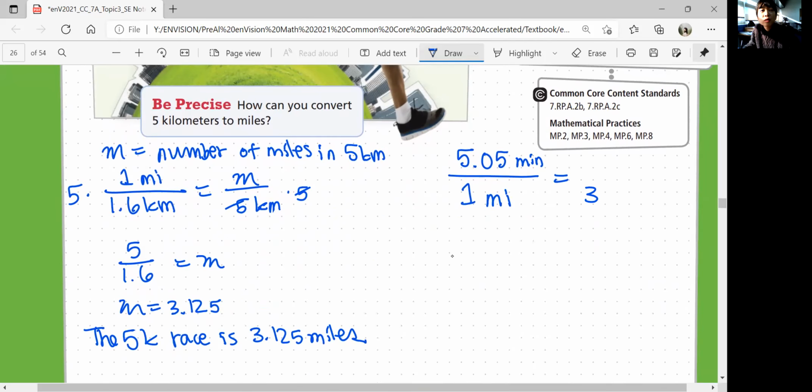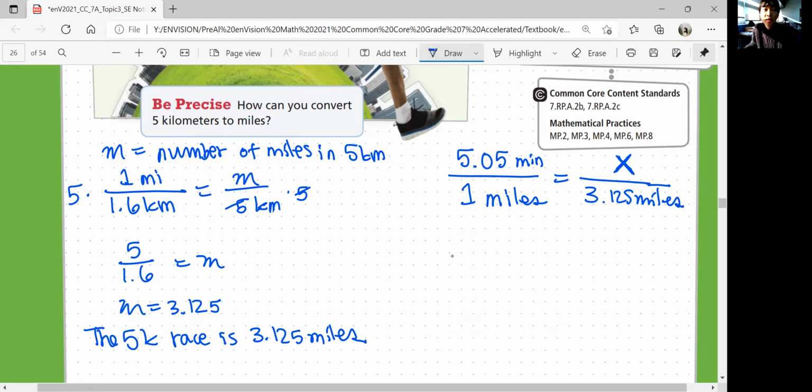So 1 mile becomes 3.125 miles. And if he continues the same pace, the proportions should be equivalent, right? So how many minutes? We can set that to be a variable x. And x could be how many minutes he needs in order to complete the 5K, which is 3.125 miles.